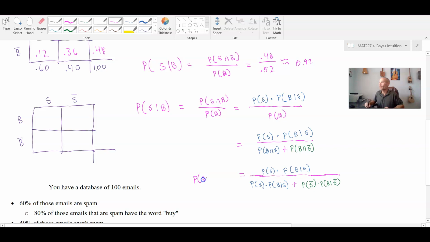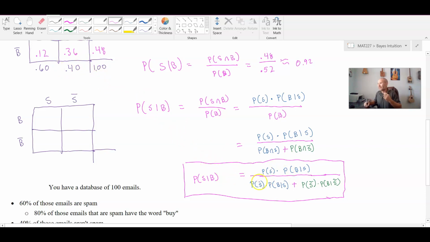This is what allowed us to calculate the quantity we wanted. And if you'll notice that all of the blue and green quantities were things that we originally had, then this formula takes care of all the computations that we were able to do in the table.